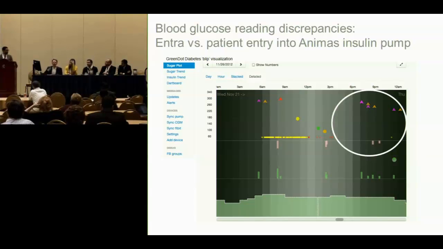Yeah. So, hi everyone. I'm Aaron, as he said. I'm actually still a fellow in endocrinology at UCSF, and co-founder of Green Dot Diabetes. And I think what this visualization shows is how, working with mHealth, we're trying to solve a major frustration and headache in diabetes care today for patients and for physicians.